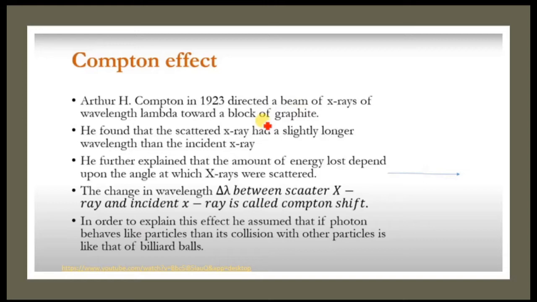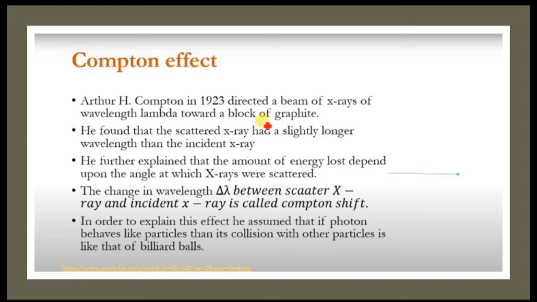This change in wavelength delta lambda, the difference between the scattered and incident X-ray wavelength, was called Compton Shift.